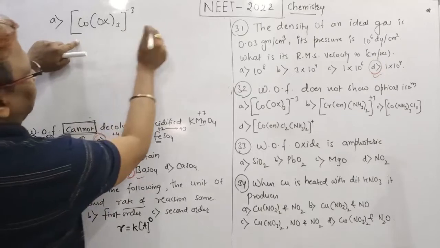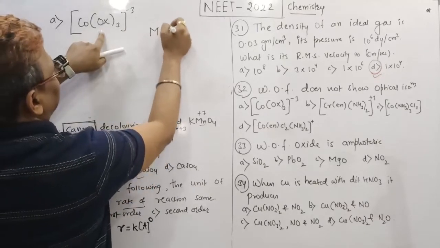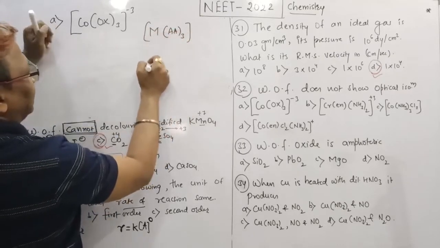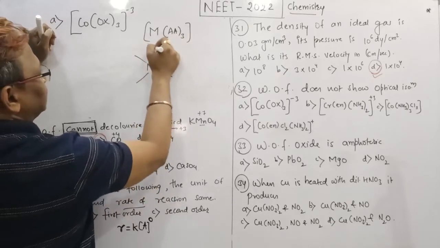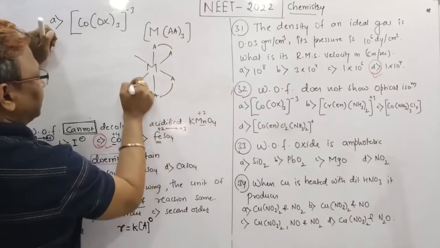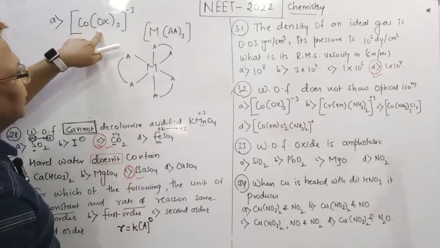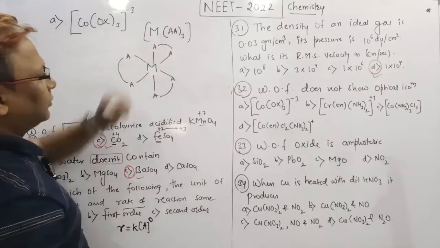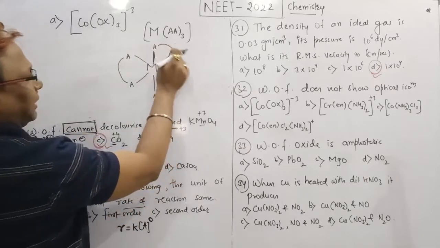I first try to convert it into this form: metal M with a bidentate ligand taken 3 times. We know the central metal atom has an octahedral complex. This bidentate ligand is here, another bidentate ligand will come here, and another here, because oxalate means carbon double bond O bonded with carbon double bond O. This A and A means it is a symmetrical bidentate ligand.